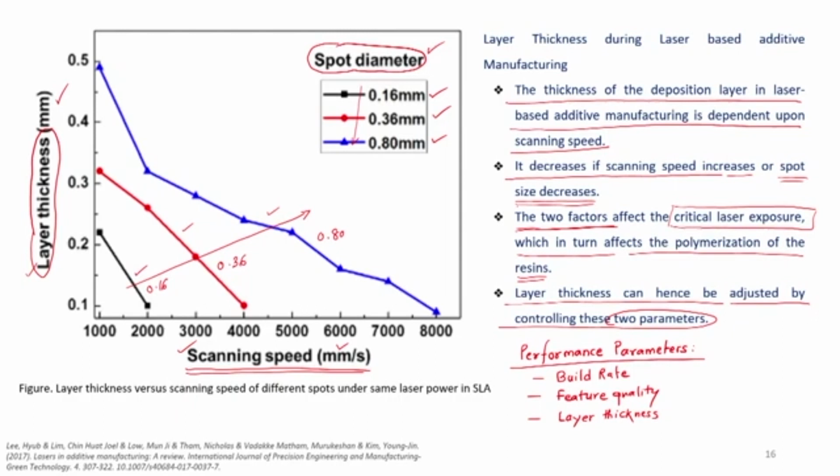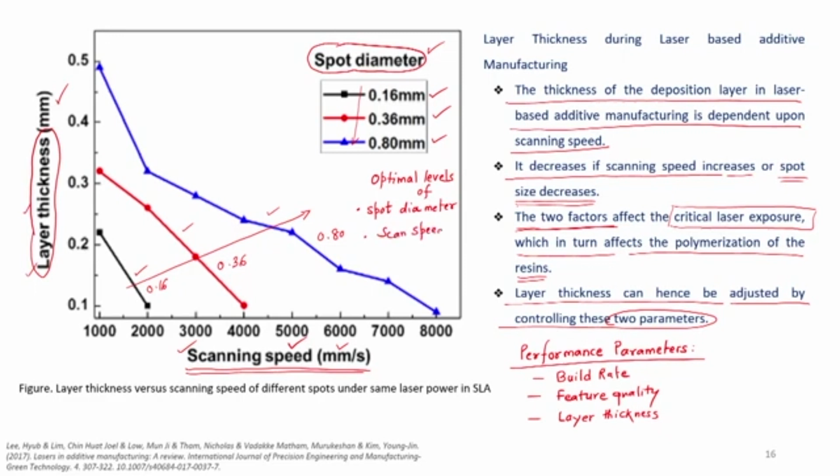So, if we are applying the optimal levels of scan speed and spot diameter, then we can easily achieve the required layer thickness. So, we have to find out the optimal levels of spot diameter and scan speed.